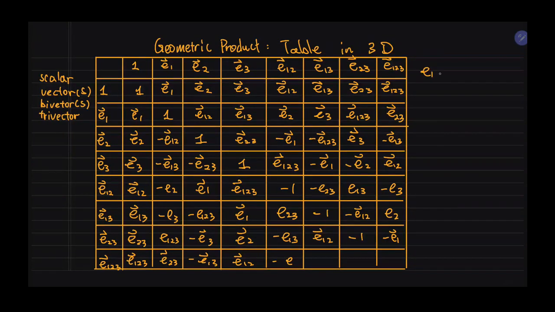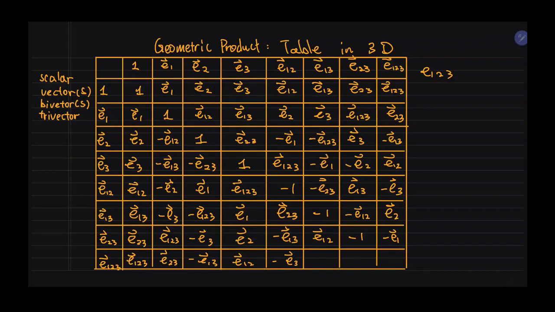E1 E1 2 3. Now we have, wait a minute, an arrow. Sometimes I forget the arrow. I forget the arrow quite a lot, but I think you get the idea. That is E3.